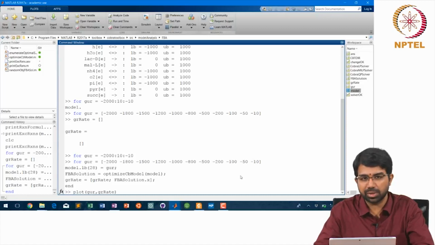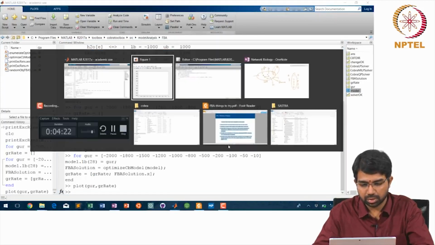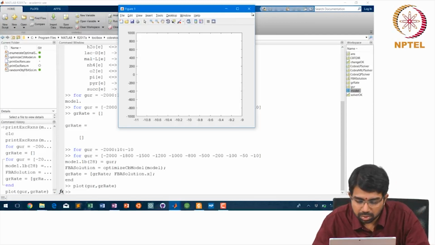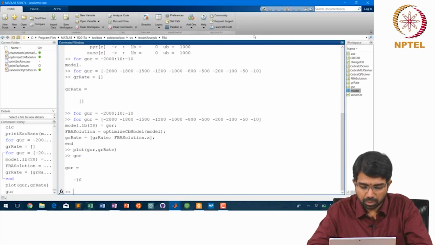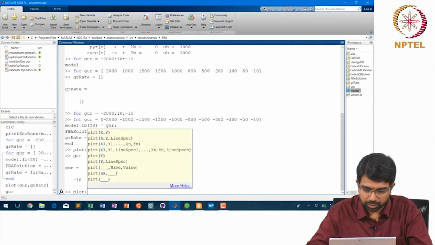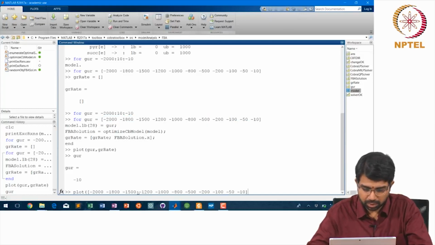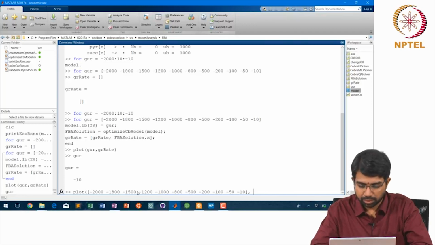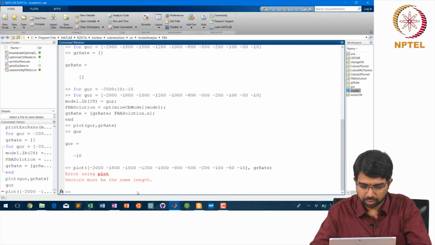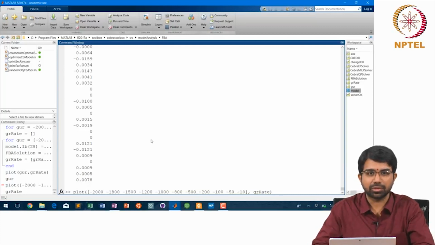The x value, because FBA solution is a structure. Sorry, I made a mistake. It should not be x, it should be f. That's what you were trying to say?